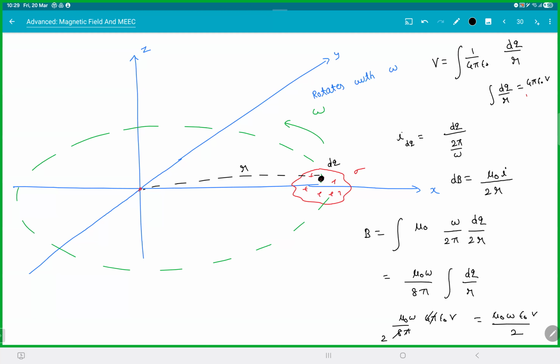Yeah. There you get a pretty good answer. So the magnetic field will be mu naught epsilon omega angular velocity. V is the potential at the point. So this is the relation between the magnetic field and the electric potential.